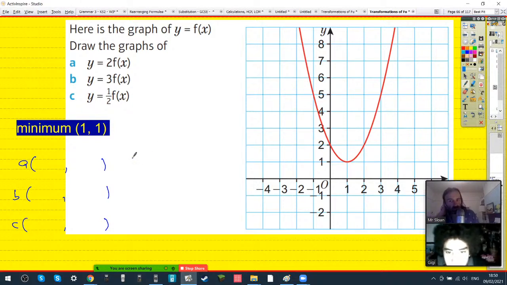So 1 would be 2. 1 would be 1, 2. 2 would be... No, 1, 4. We only need the minimum. All right. So question B. 1, 1 will become 1, 3. 1, 1 will become 1, 0.5. Yeah, I'll just write a half.